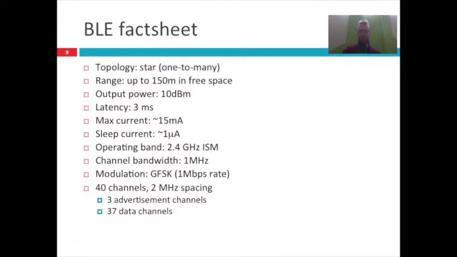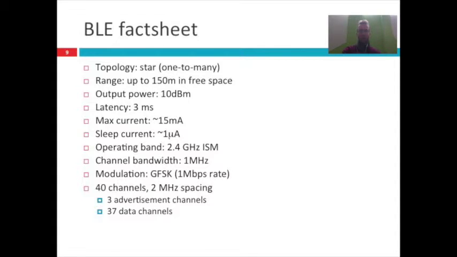Here are some key features of Bluetooth Low Energy technology. First, the topology supported. Bluetooth Low Energy supports star topology. You have one device, which is called a master, which can transmit to many devices, which are called slaves. In terms of range, Bluetooth Low Energy can transmit up to 150 meters in free space.